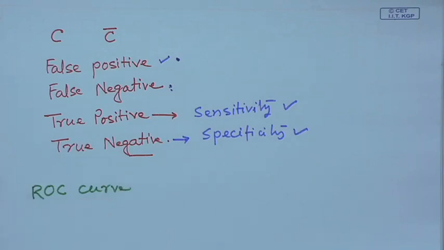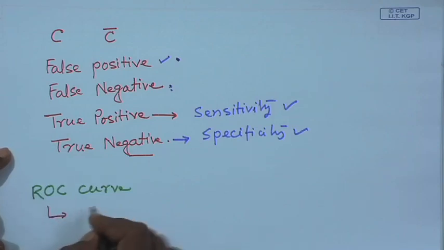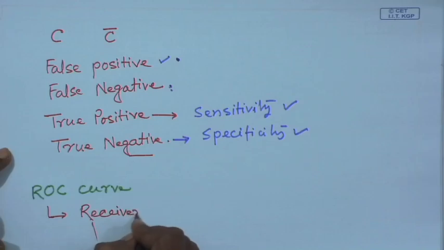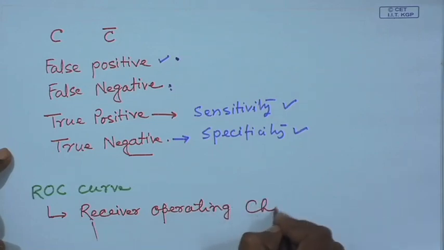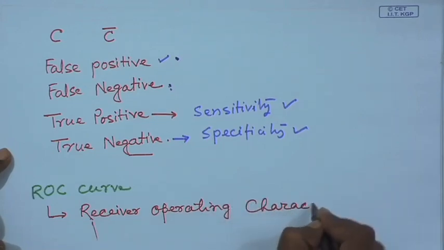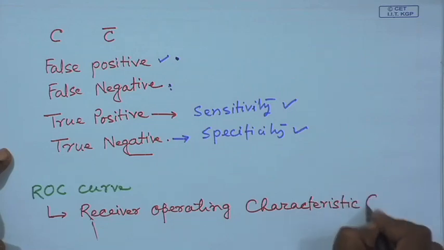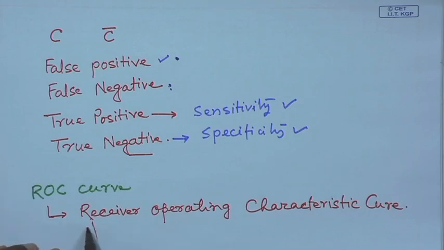And this ROC actually represents receiver operating characteristic curve. Okay. So, how do you plot this ROC curve?